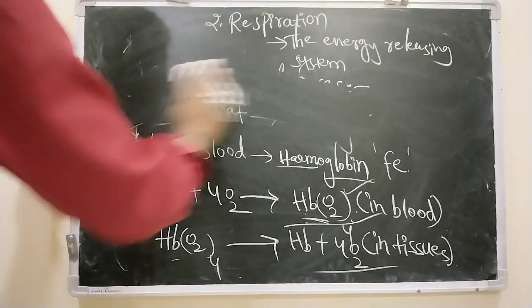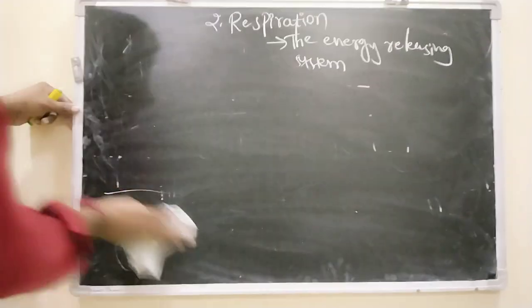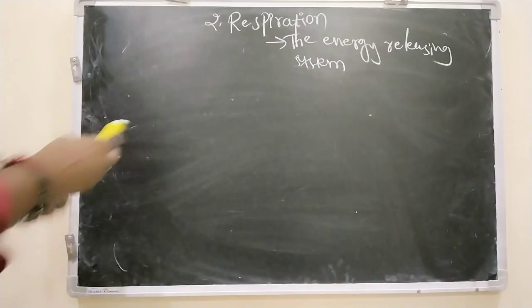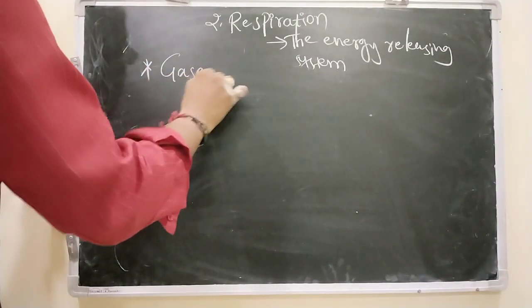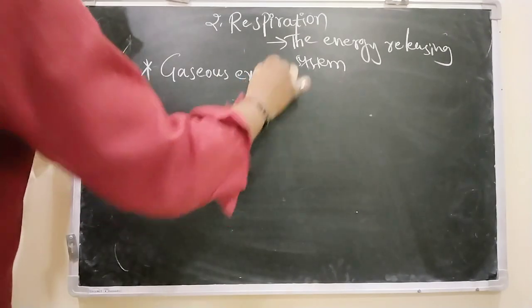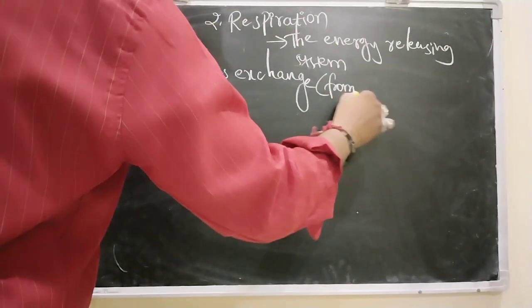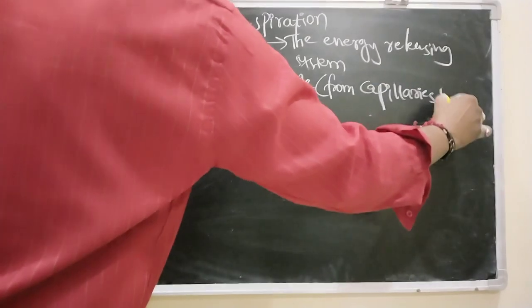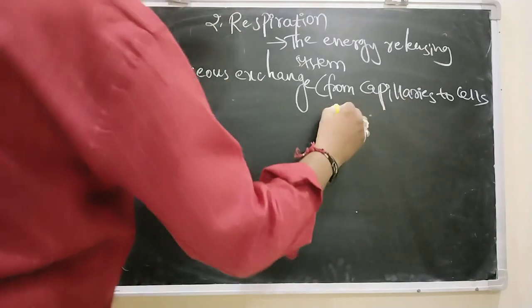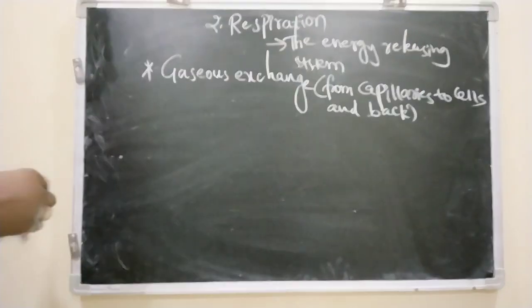Next, now in cells the oxygen has reached. What is going to happen in cells? There also gaseous exchange occurs from blood capillaries to cells and back.